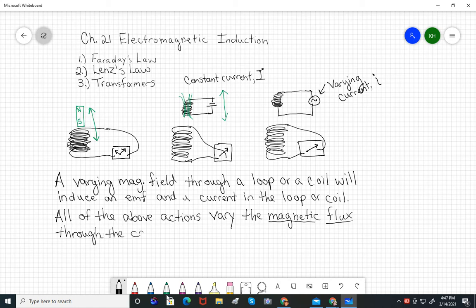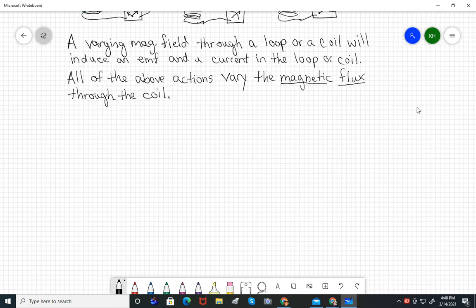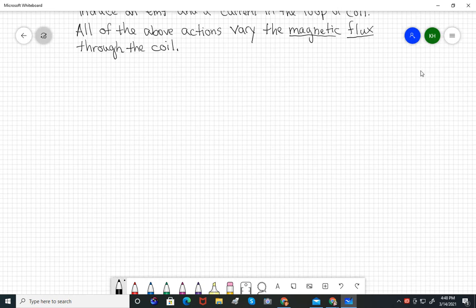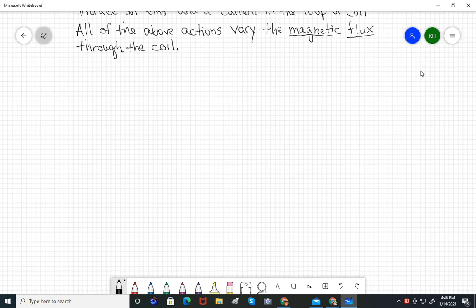Now, we have not talked about magnetic flux. This is a new idea, but magnetic flux is very similar to electric flux, and we talked about electric flux when we talked about Gauss's law. So let's move on to our next section. This is section 21.2, and it is about magnetic flux.